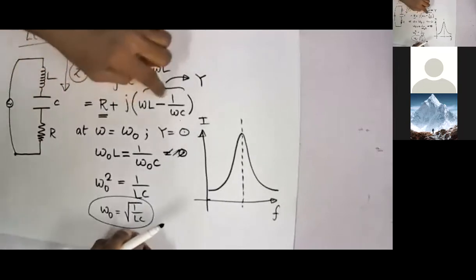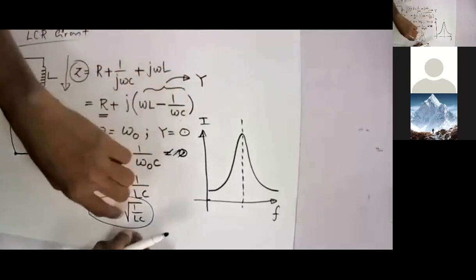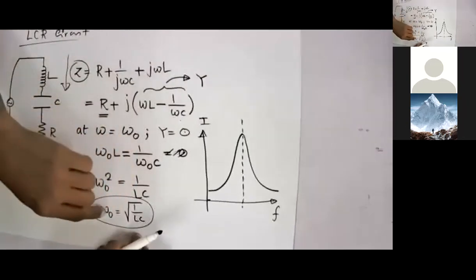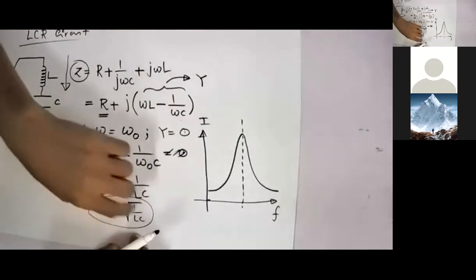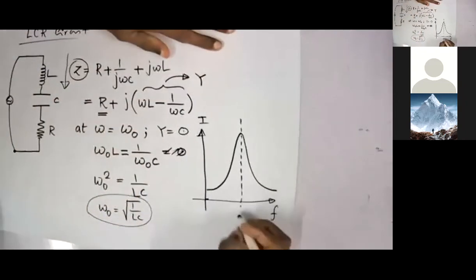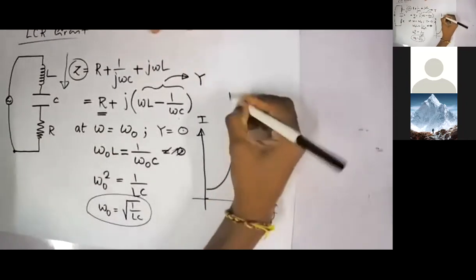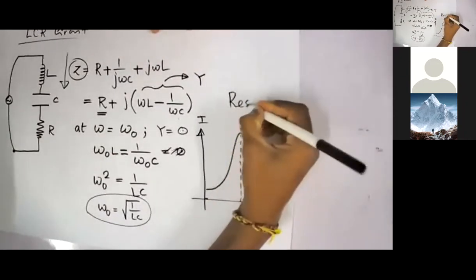But omega L minus 1 over omega C can be zero when the frequency equals the square root of 1 over LC. That will be your omega naught, and this is called the resonance frequency.